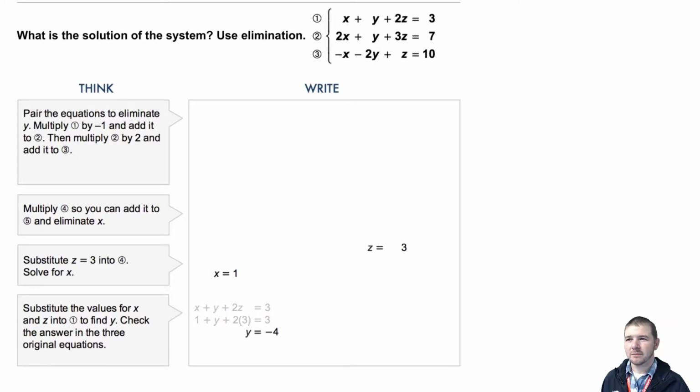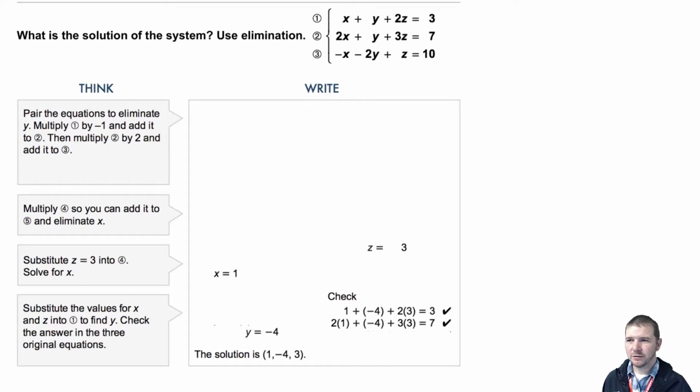So now we have a solution. 1, -4, 3, an ordered triple, and we can check it. We check by substituting into all three of the original equations, and it checks out in equation 1, in equation 2, and in equation 3. So we can confidently state the solution is the ordered triple, 1, -4, 3.